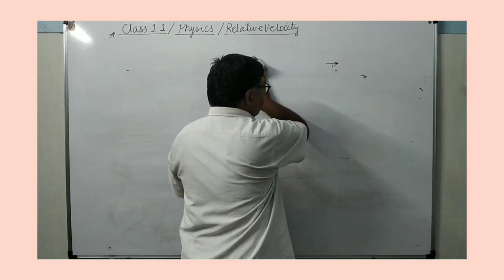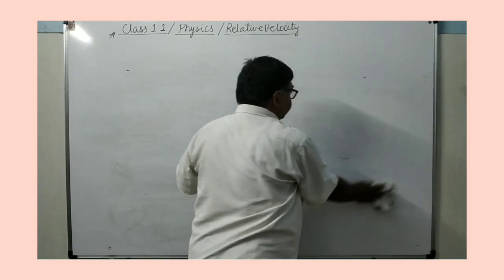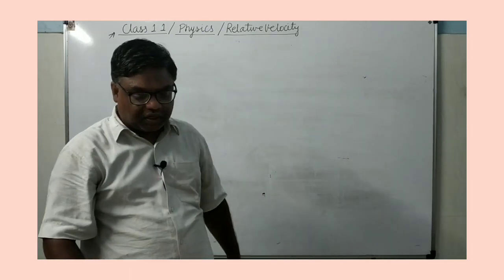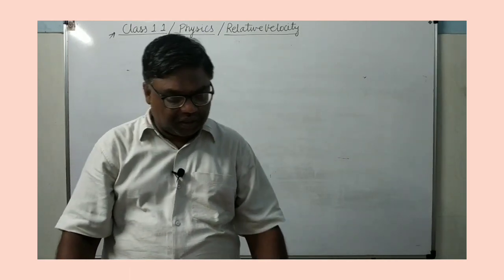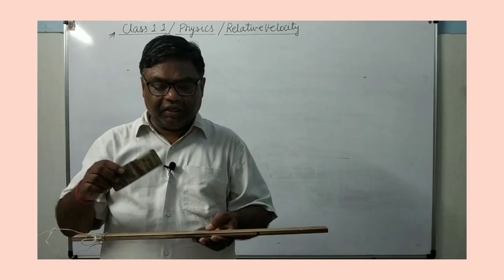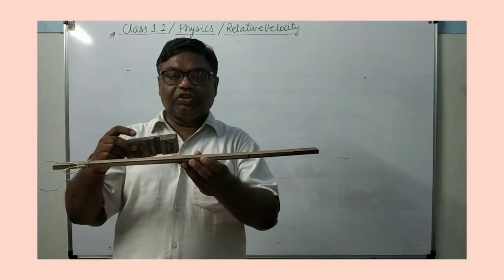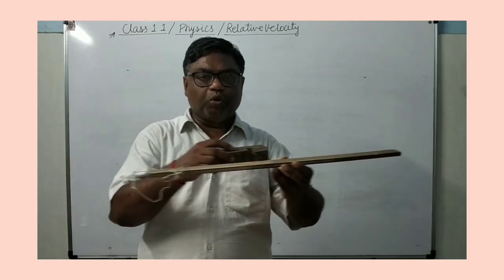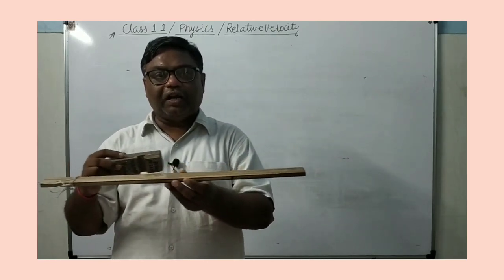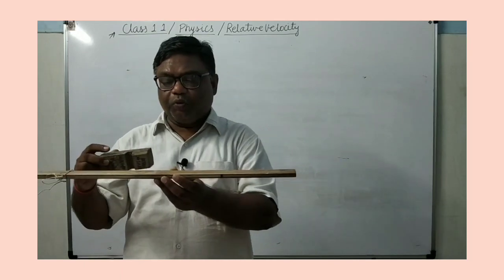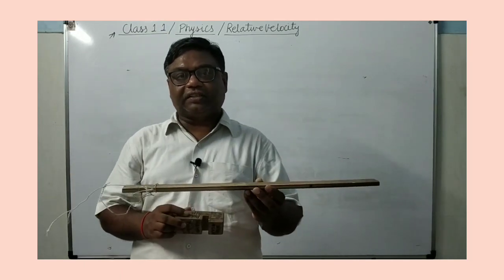You have observed that when two trains, you are sitting on one train, and this is the other train. Suppose they are moving on two parallel railway tracks.